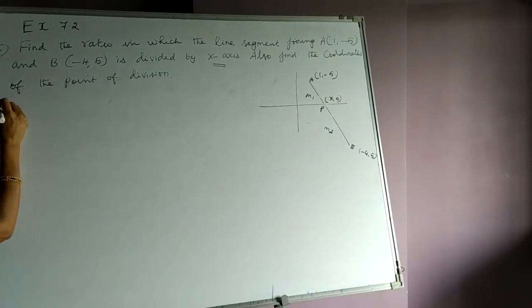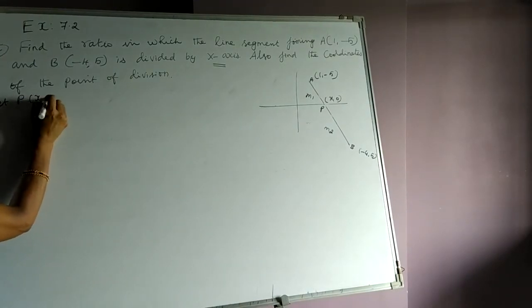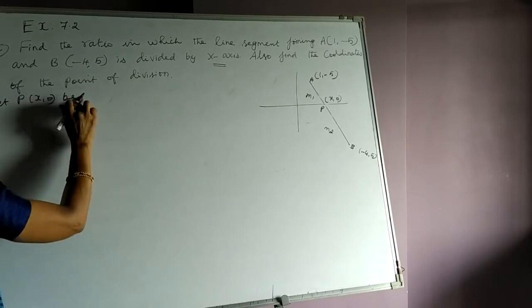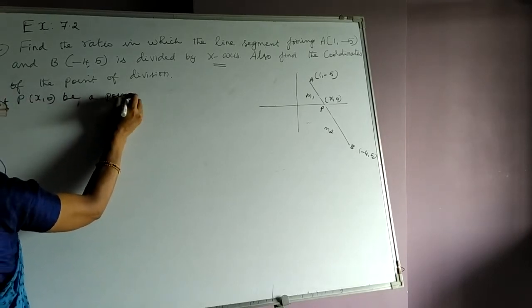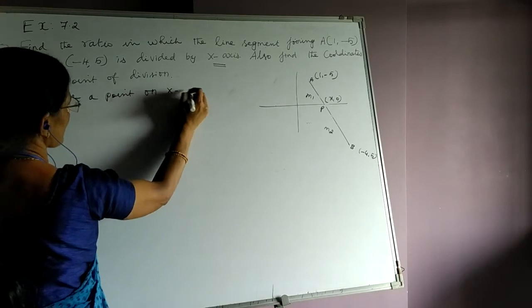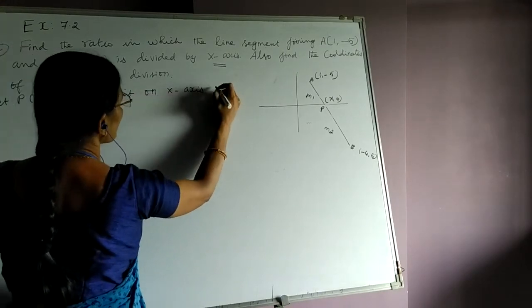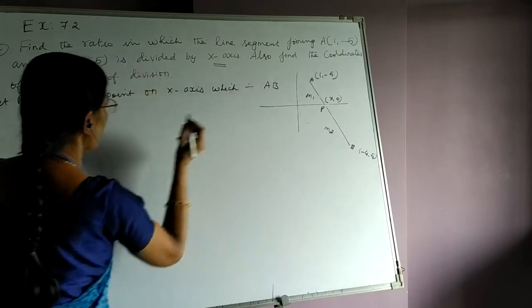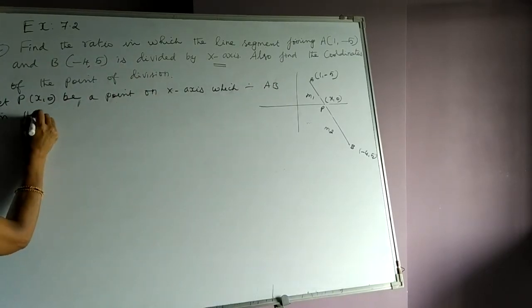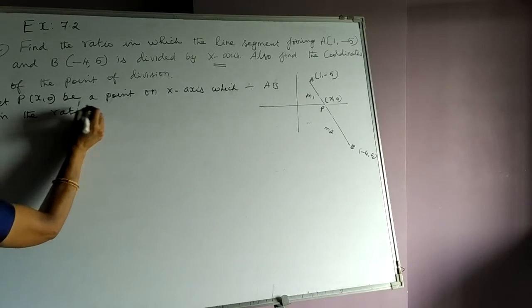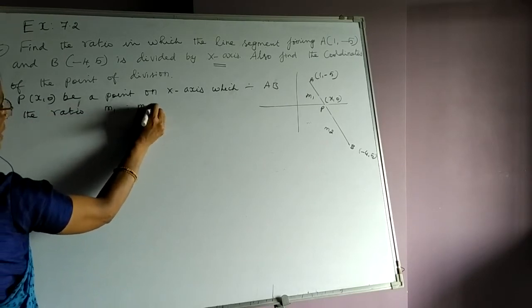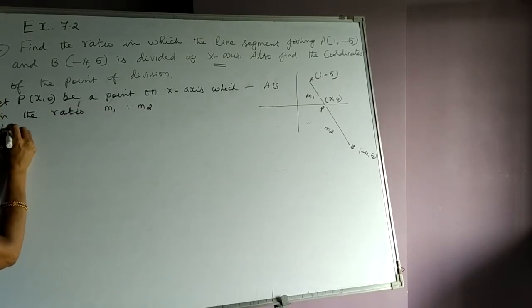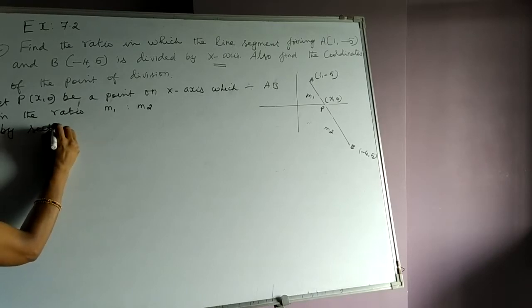So I write, let P(x, 0) be a point on the x-axis which divides AB in the ratio m1 is to m2. We are going to use the section formula.